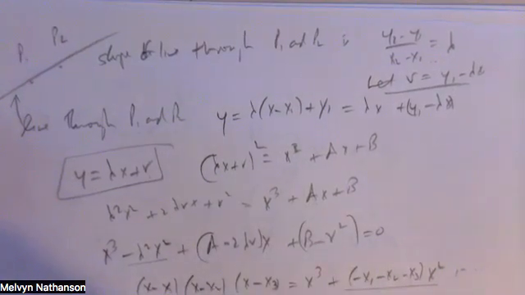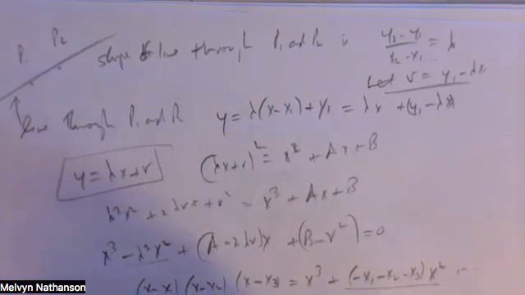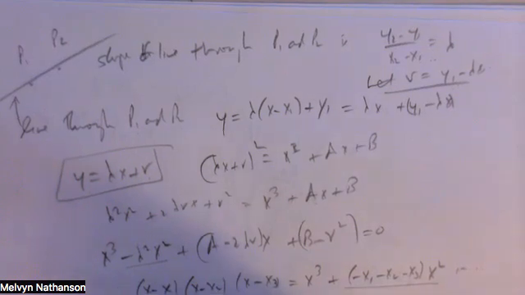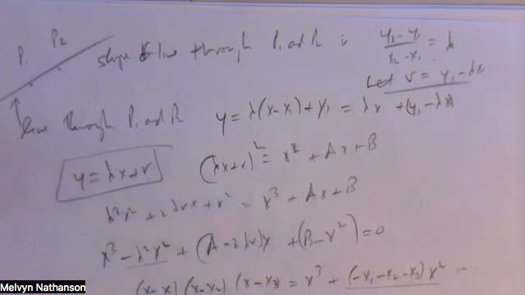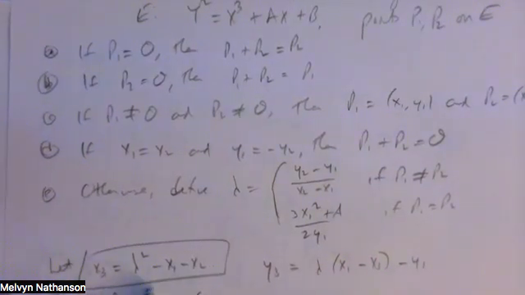So x1 plus x2 plus x3 equals lambda squared. So x3, which is the coordinate we're trying to find, is lambda squared minus x1 minus x2. That's what we said in the theorem: x3 is lambda squared minus x1 minus x2.